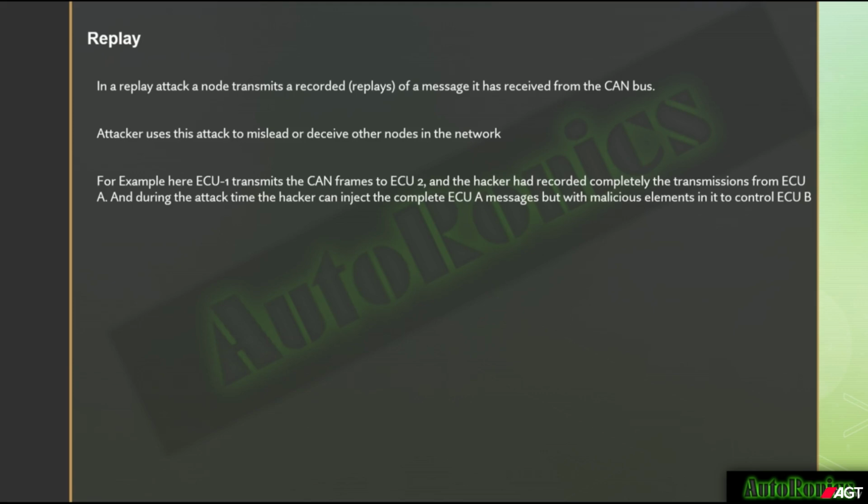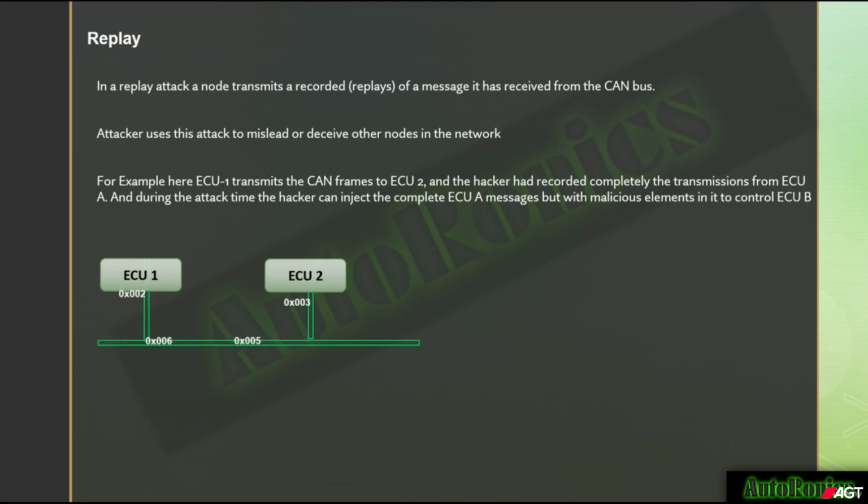Nothing. He can simply record what is happening in the vehicle, and he can store it, and at the time of hacking he can replay that so that the system understands it as the other ECU sending the messages. And basically in that injection also he can bring in malicious elements. Let's have a look at two different ECUs that are sending messages.